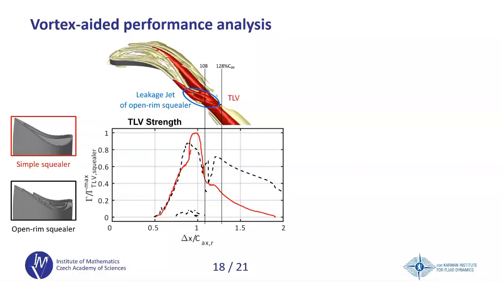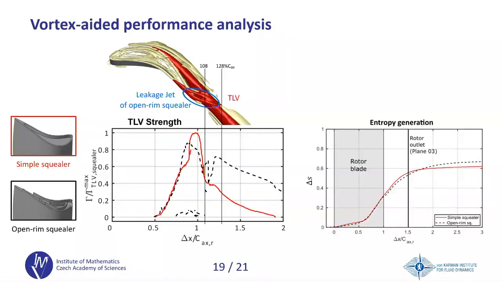So you have a first peak here, and then a second peak here due to this leakage jet which supplies the momentum. And this has an interesting consequence, because you see that the dissipation of this vortex occurs much further downstream. Right? So when you are here, the vortex of the simple skew blade has almost dissipated, whereas the vortex of this open skew is quite strong. So the dissipation is delayed.